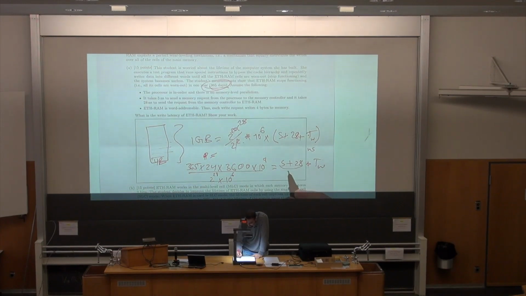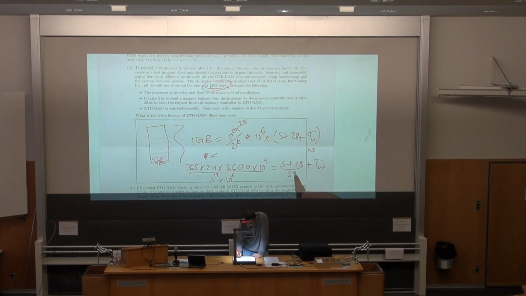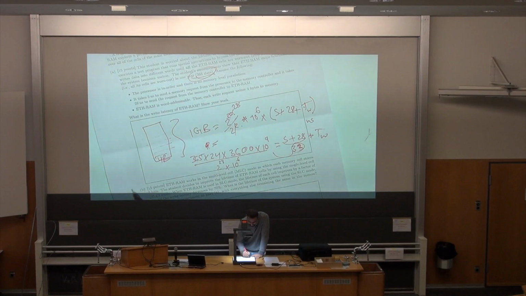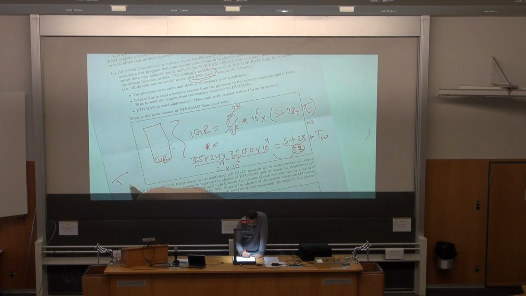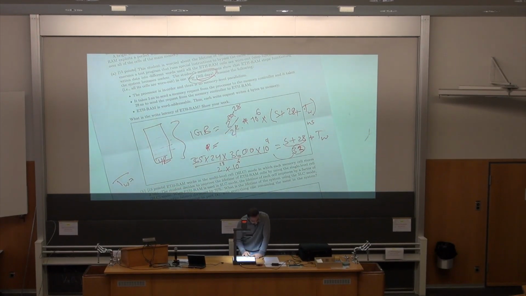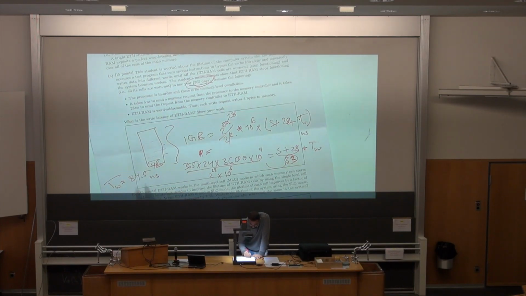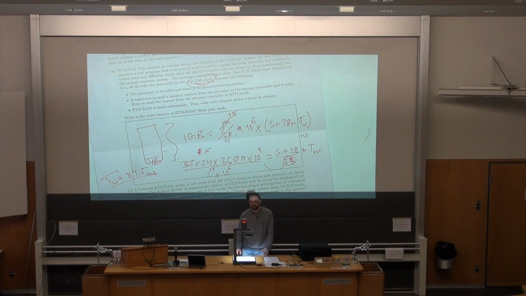So this is 32, 33. So you could move it to the other side, and then you will get the write latency, which is equivalent to 84.5 nanosecond. So this question is straightforward, easy to solve, I guess.